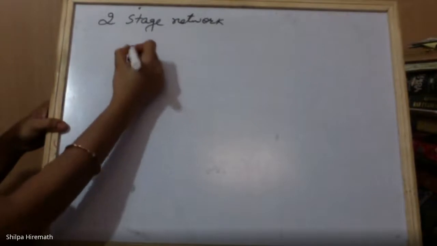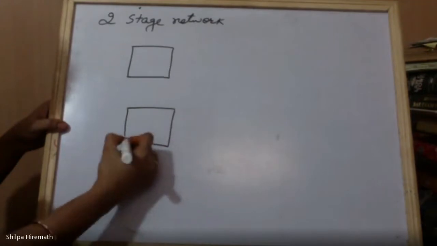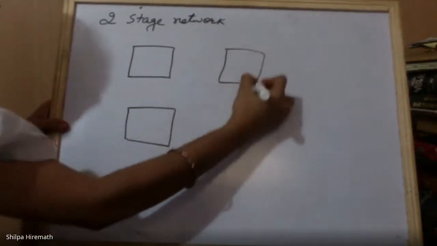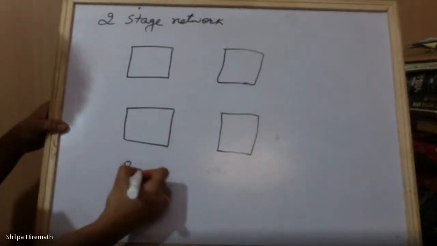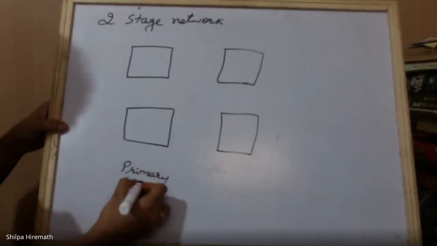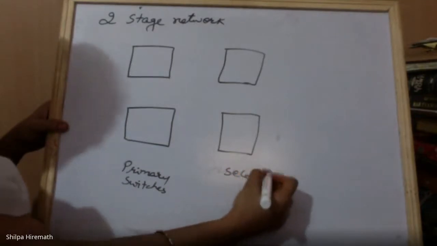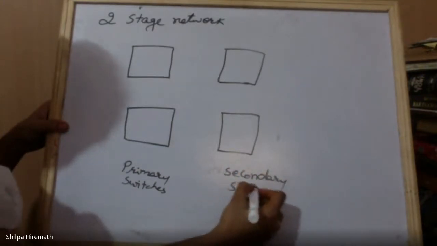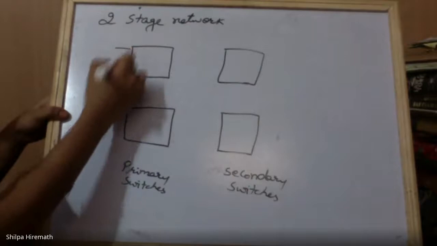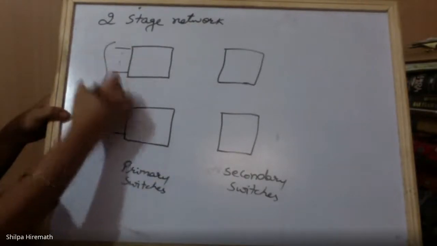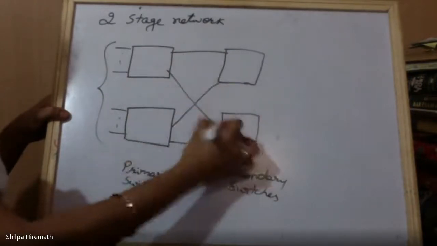We know that in two-stage you have primary switches and you have secondary switches. So these are your primary switches and these are your secondary switches. How the interconnection between them is made is already known. So I'll just explain how to design and how to find out the complete two-stage network.